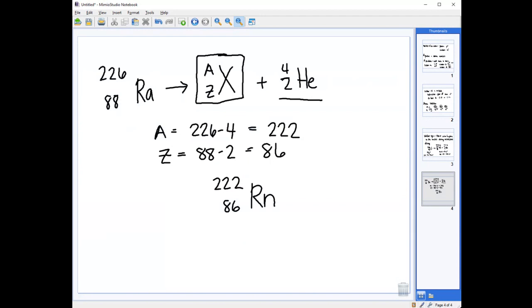We won't know what element is here until we do the math, until we figure out how many protons we are looking for. In this case, it was 86, and when I go to my periodic table, I find that element 86 is radon.